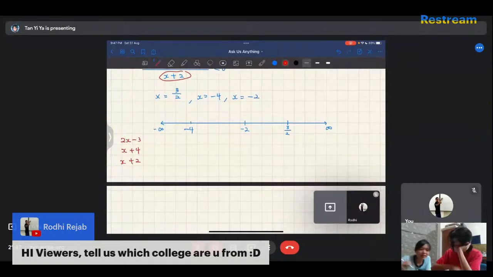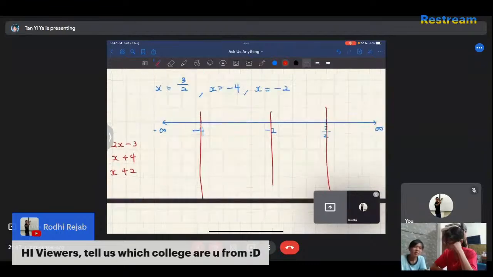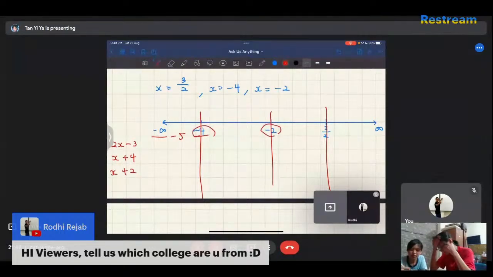Actually you need to draw a table, but for lazy people like me, I don't do that. Then what we need to do in this table method is find a value between negative infinity and negative 4. So I will take negative 5, and between negative 4 and negative 2, we put negative 3.